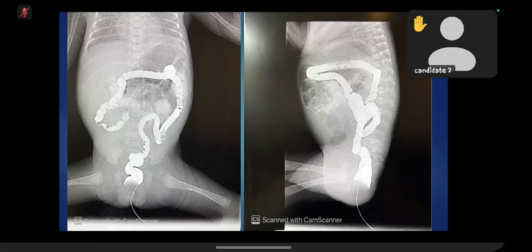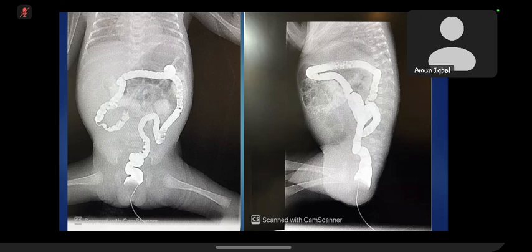The lower part of the chest is clear, and the sign is indicative of meconium, immature colon.